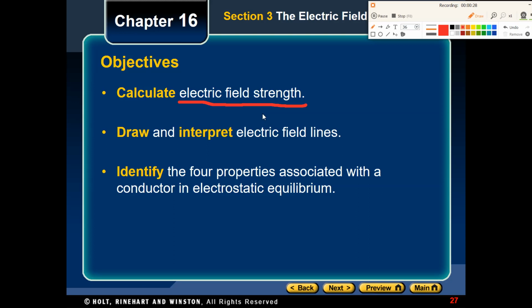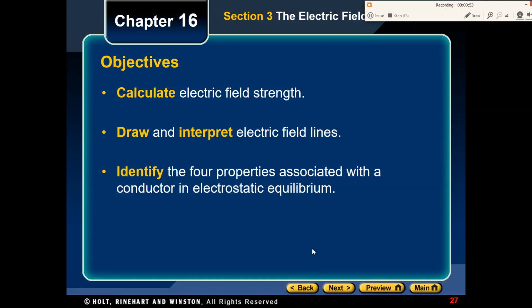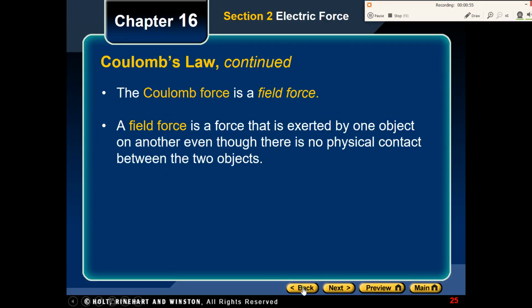In the previous section we talked about electric force and compared it with gravitational force. Both electric force and gravitational force are field forces.